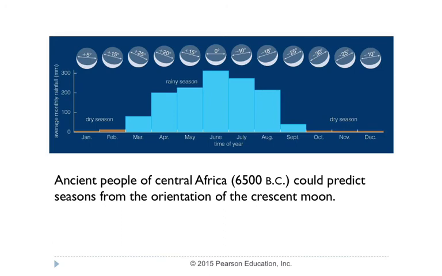It starts veering off to the right. And prior to that, it veers off slightly to the left. And so by looking at the angle, we could see when the raining season is going to start. So just by looking at the phases of the moon, that told you when to plant crops, so when the rain was coming, and then when to harvest them, right? When we came across the dry seasons.